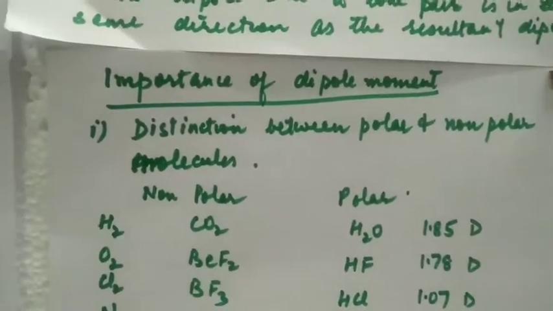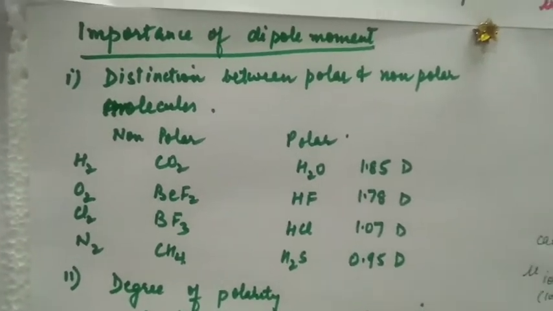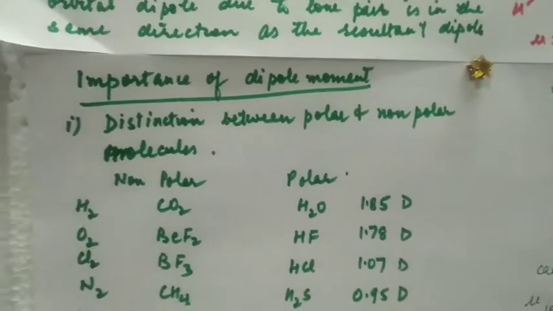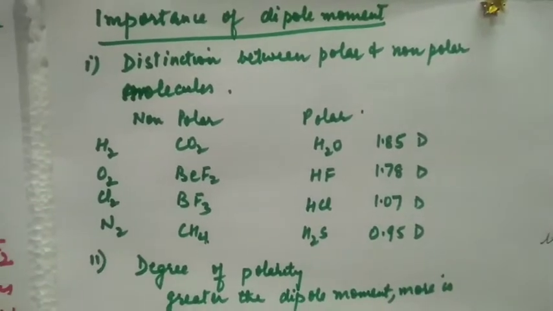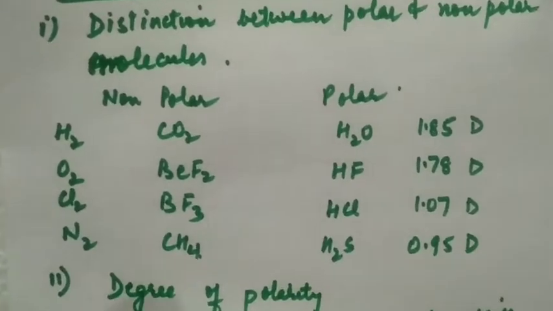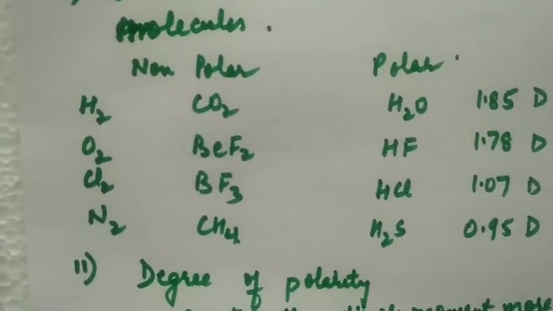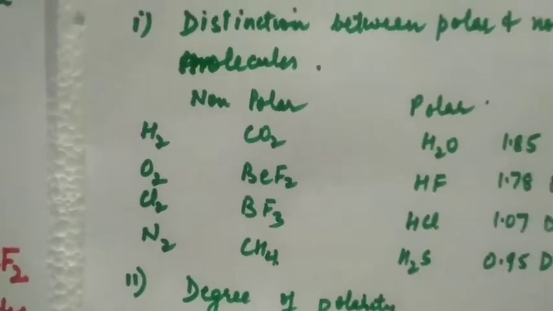Importance of dipole moment. With the help of dipole moment, we can distinguish between polar and non-polar molecules. So all these molecules which have 0 dipole, hydrogen, oxygen, chlorine, nitrogen, carbon dioxide, beryllium fluoride, boron trifluoride, methane, they have 0 dipole moment, so they are non-polar.